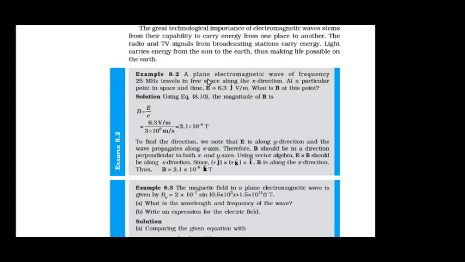Example 8.2. A plane electromagnetic wave of frequency 25 MHz travels in free space along the x direction. At a particular point in space and time, E is equal to 6.3 j V per m.